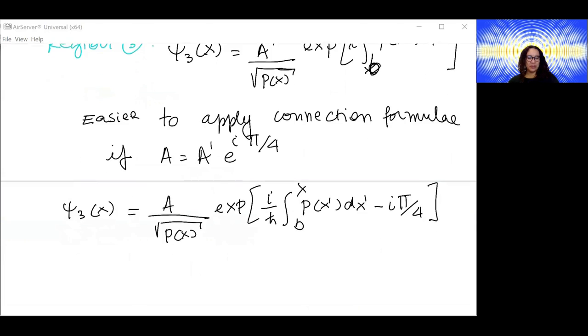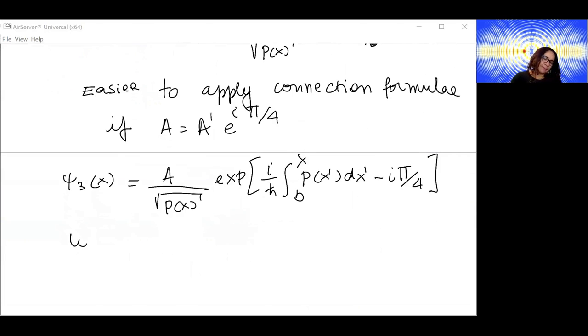So we're going to use as well the Euler formula, which is e^(i theta) is equal to cos theta plus i sine theta.